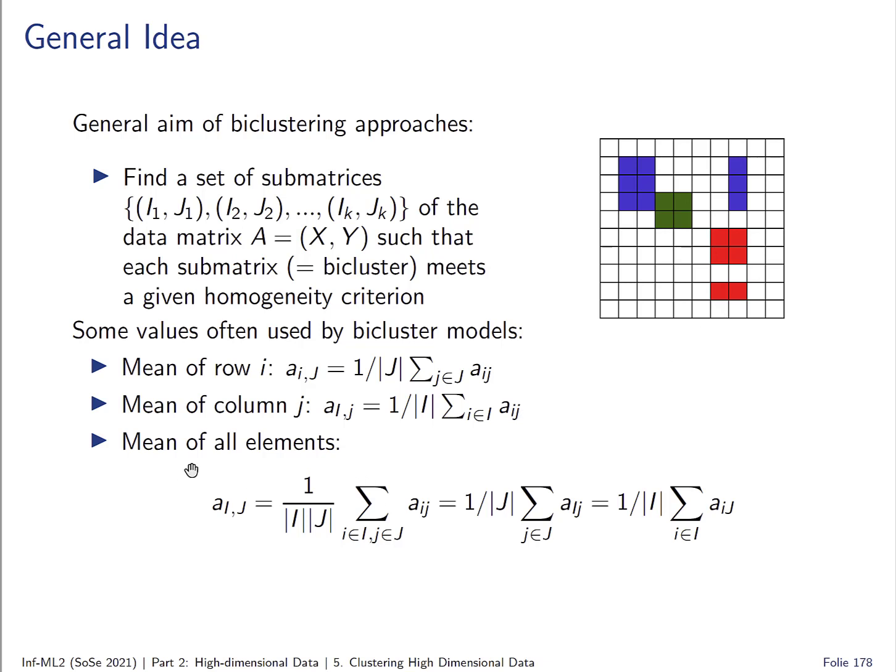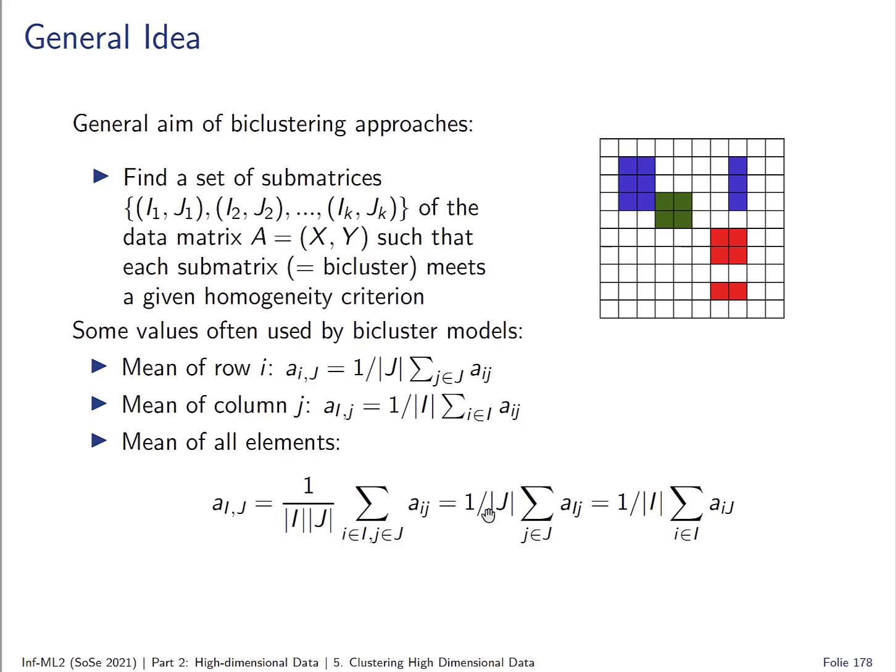And then also the mean of all elements of a submatrix. The submatrix is specified by a set of rows and a set of columns. In that case we just sum up all the values in all the row-column pairs of the particular rows and particular columns, normalized by the number of all the values that we have, which is the cardinality of I times the cardinality of J, obviously.